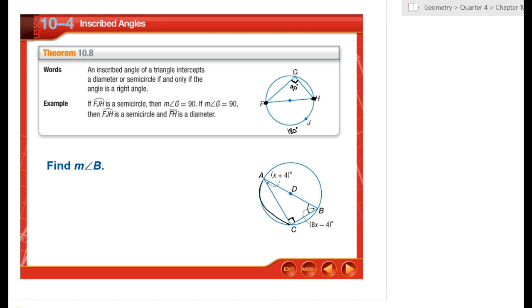Give me the pen, come on. Well, it won't let me change color pens right now. Whereas angle A makes this arc, so I can't set them equal. But they are parts of a triangle, so I can set those three angles in that triangle equal to 180. Angle A, angle B, and angle C, which is 90, equal to 180.